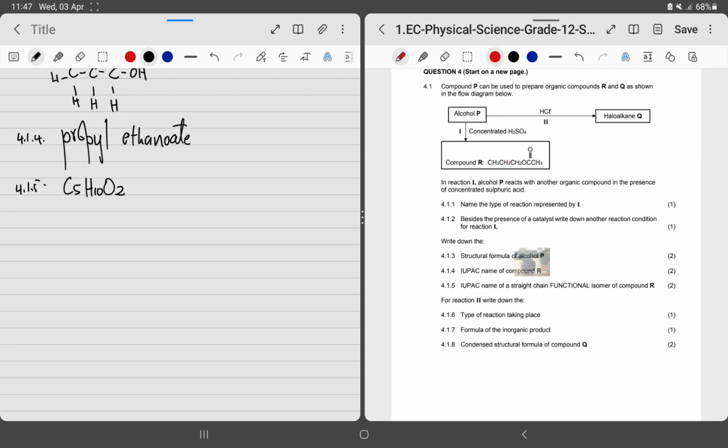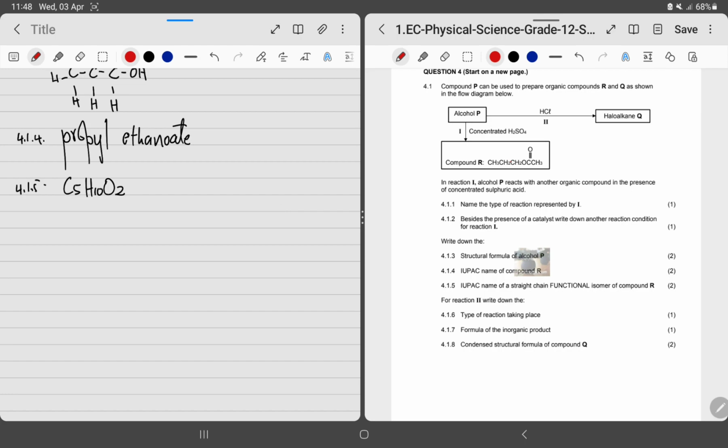So what you need to notice is that I have 2 oxygens there. The only functional isomer for esters is the carboxylic acids. And I know this because I know that the carboxylic acids have this right here, the functional group, so it has 2 oxygen atoms.